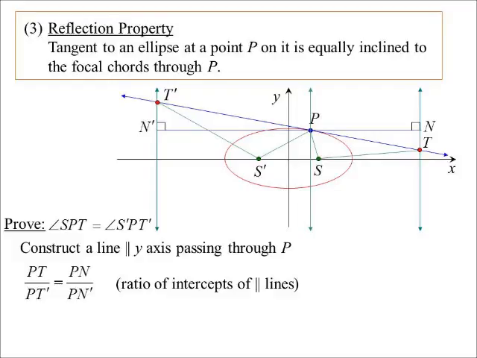So ratio of intercepts. But if I rearrange that, I get PT over PN is equal to PT dash over PN dash. Okay. But of course, I also know that eccentricity times PN is equal to PS, definition of the conic. Right?